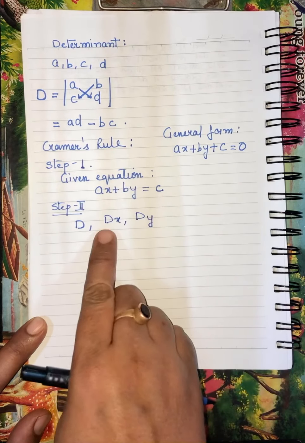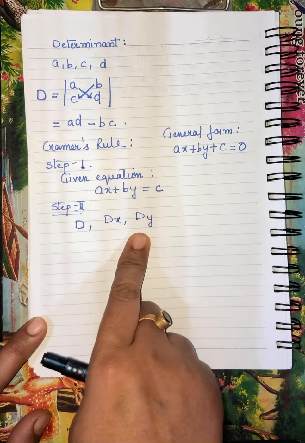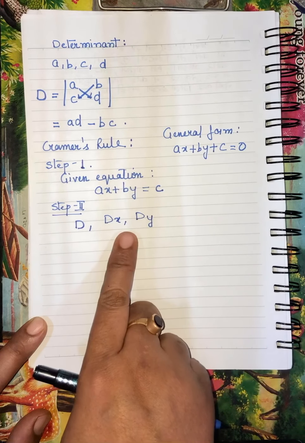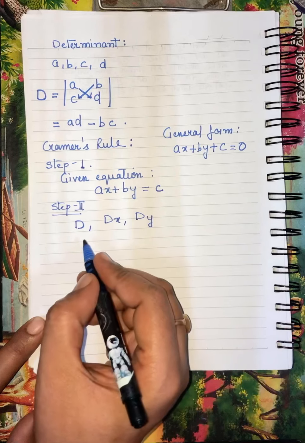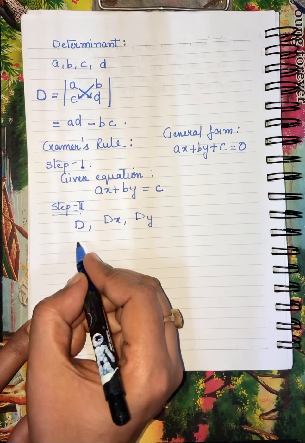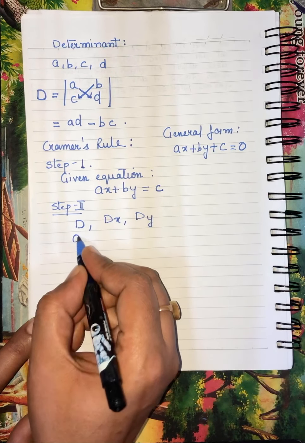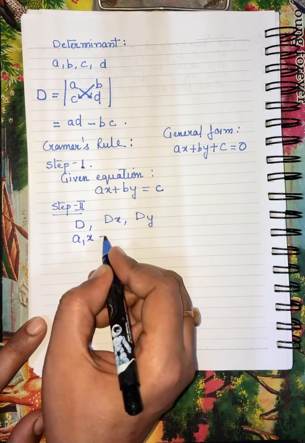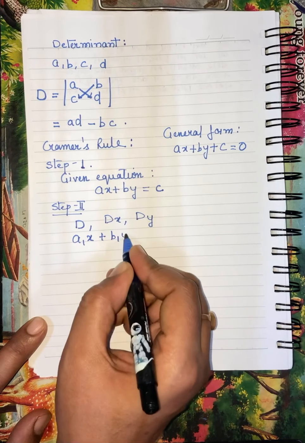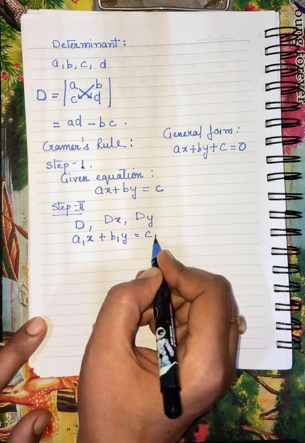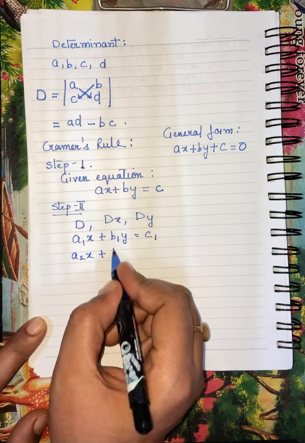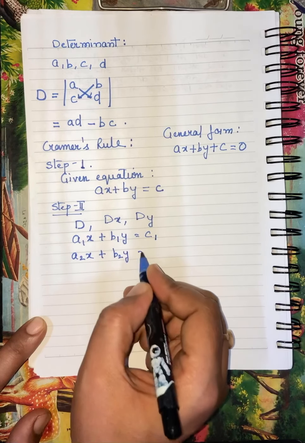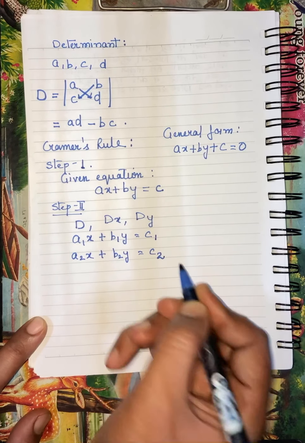And how to be found these three things? We will understand that with taking two equations. Let us say we have taken two equations as a1x plus b1y is equal to c1, a2x plus b2y is equal to c2.